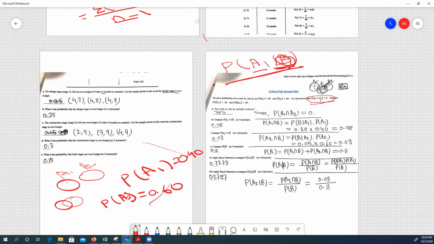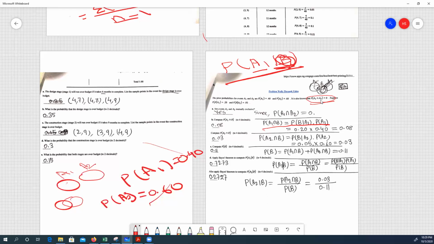Okay. So in part B, we have to compute the probability of A1 intersection B. How can I calculate it? You can use this formula. I'll try to provide this formula for your exam. Probability of A1 intersection B is equal to probability of B given A1 times the probability of the given event, that is, probability of A1.